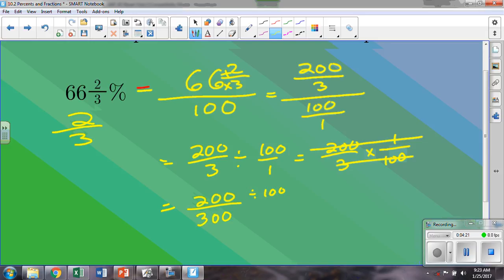And then we can divide out to simplify, and we get our final answer 2/3. You tell me, which way would you rather do it? Do you want to go through all of this work or memorize that?